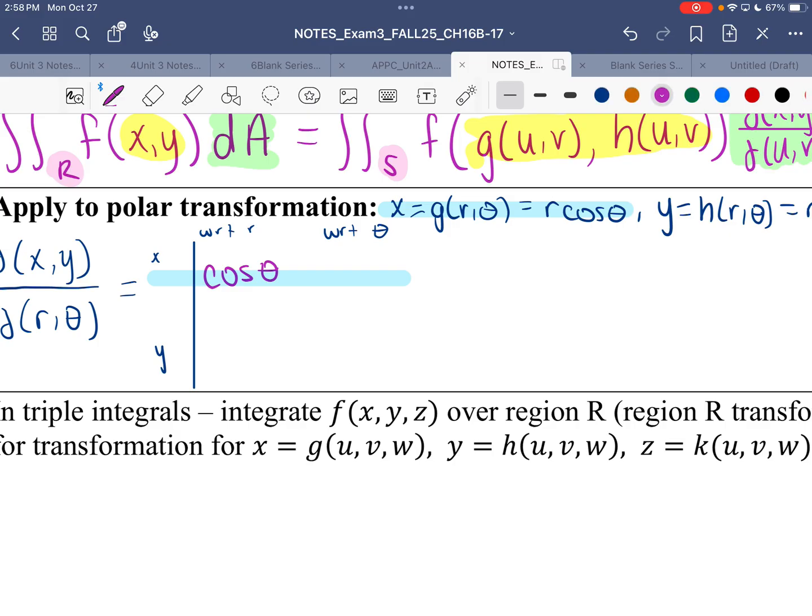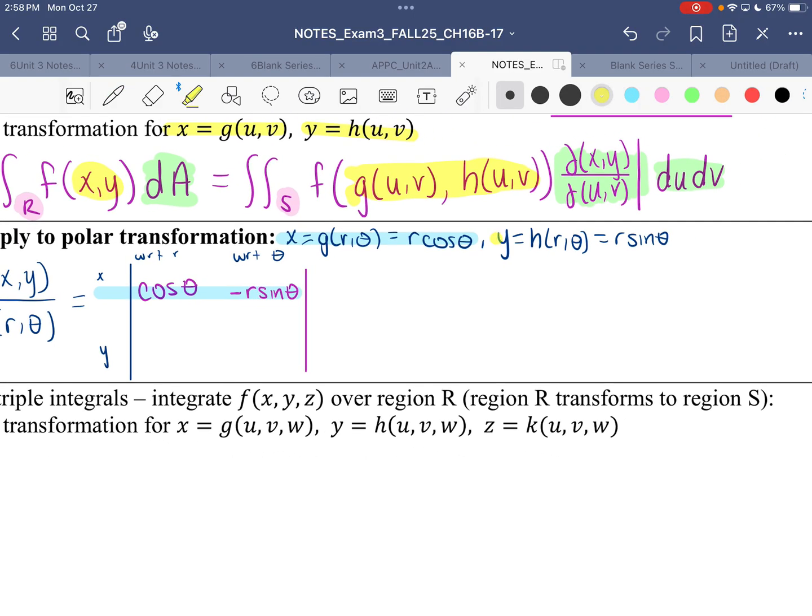R over theta squared? Oh, but derivative of cosine's not positive. Negative. All right. Gary, derivative of y with respect to r. That was too easy. Carly, derivative of y with respect to theta. R cosine theta. All right, now we're going to find the determinant.